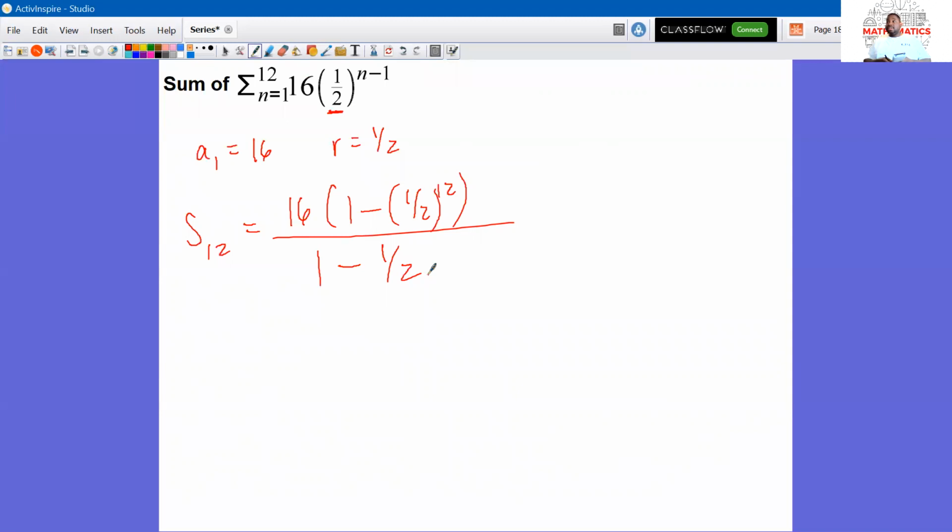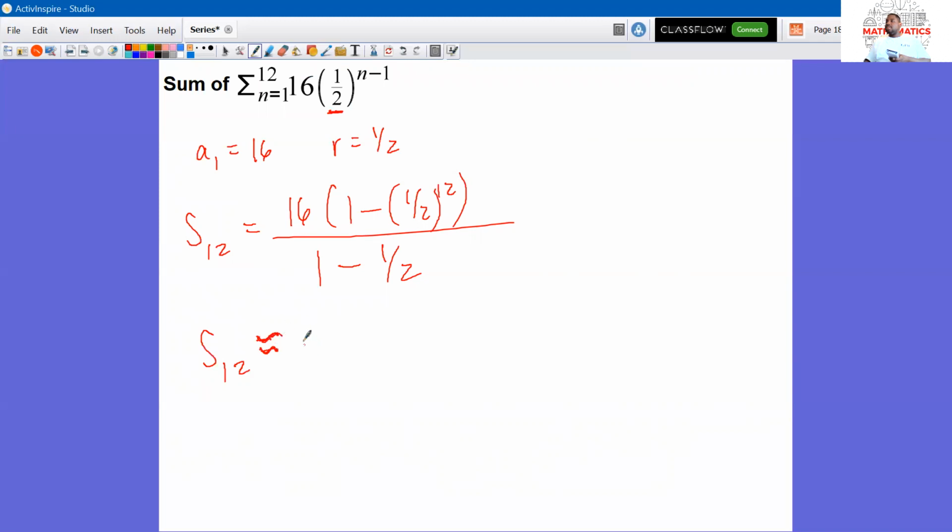Again, as you can see, these get very, very messy, especially when we start bringing in fractions. Okay. So I get, I'm actually going to write it as decimals here.